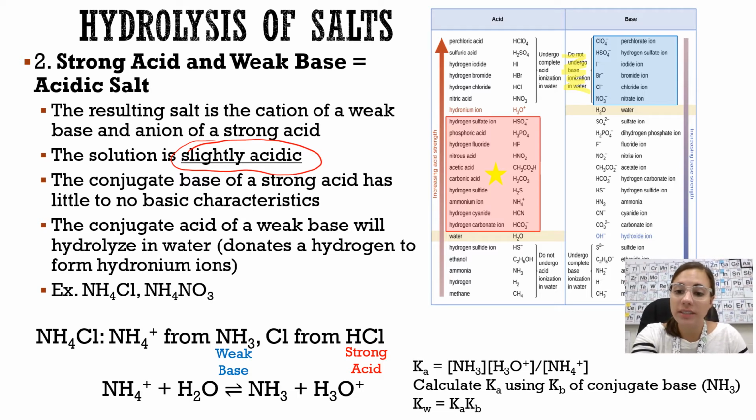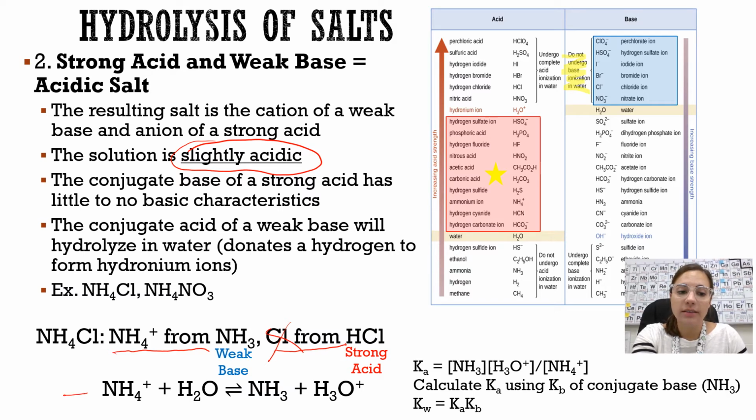So let's look at this example. We have ammonium chloride. Ammonium came from NH3, which is a weak base. Chlorine came from hydrochloric acid, which is a strong acid. So chlorine is neutral. It can't hydrolyze with water. However, ammonium can.